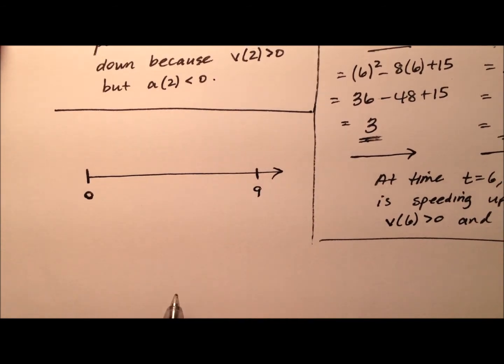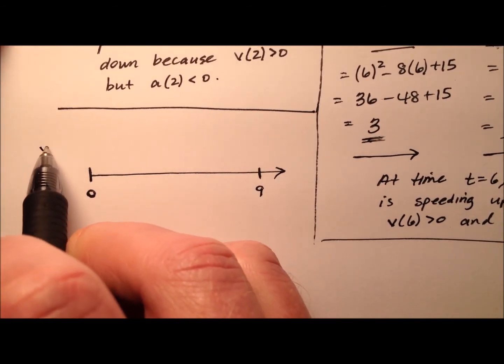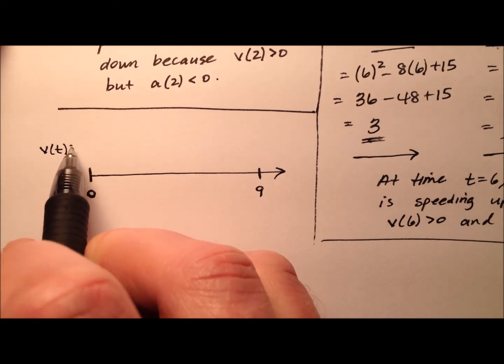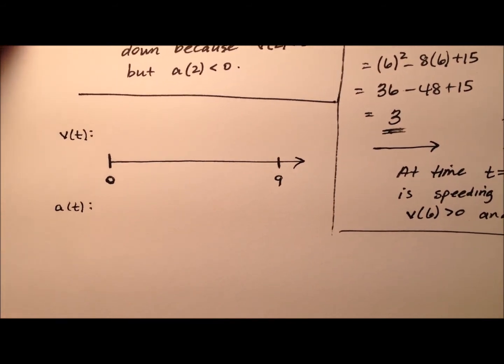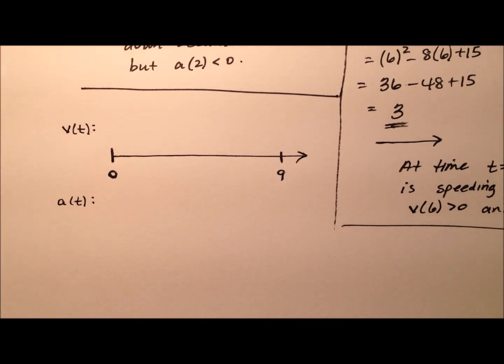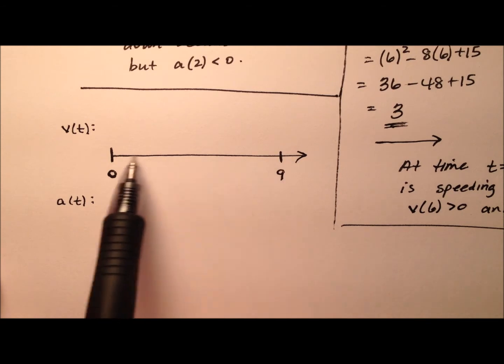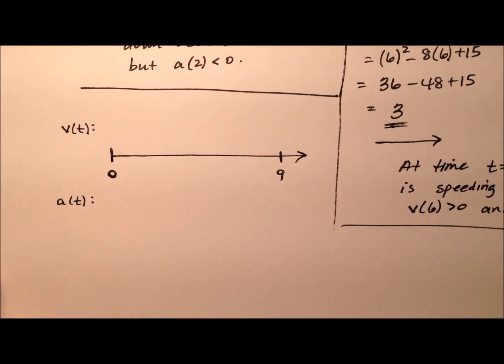So 0 to 9. And I'm going to model the velocity function on top and the acceleration function on bottom. I need to find where each of these equals 0 so I can plot those critical points, and then I can work with some test points and figure out the regions that are positive or negative.